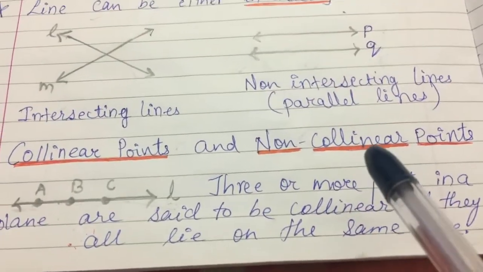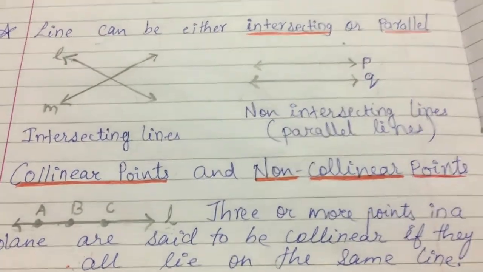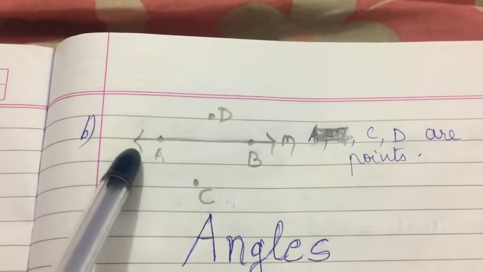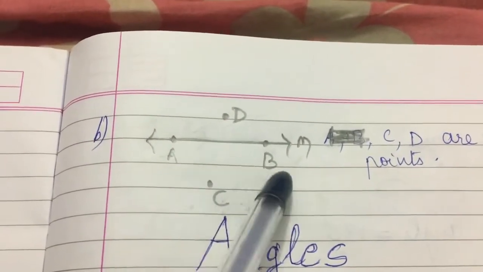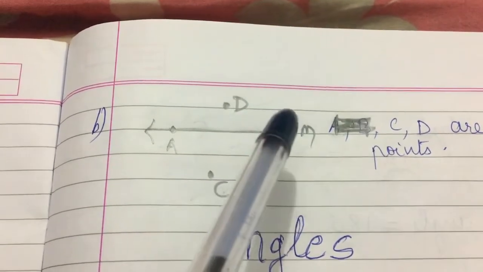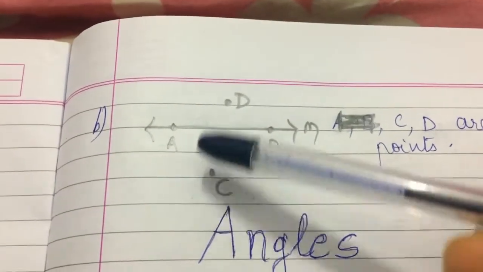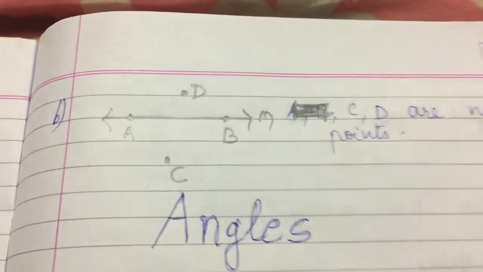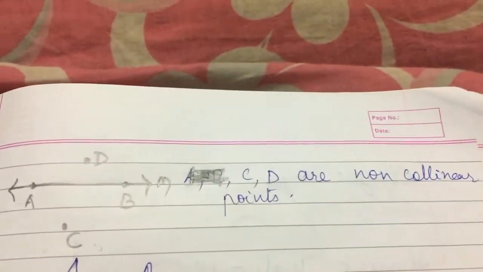Non-collinear points are those which do not lie on the same line. See here, I drew a figure: line M is there, A and B are two points on the line M, but what about C and D? These are not on the line M. So these are your non-collinear points.